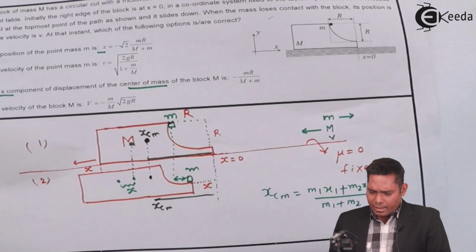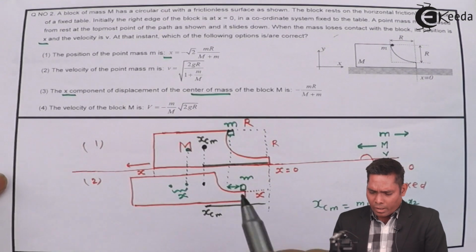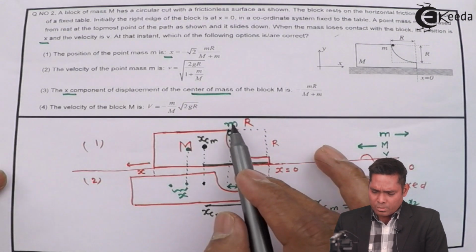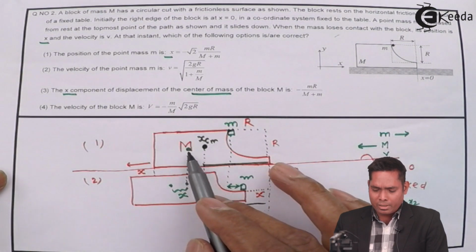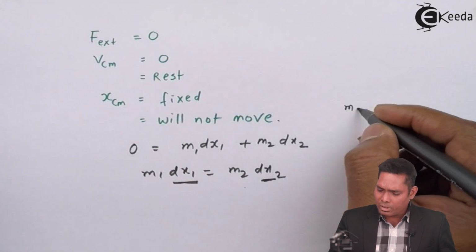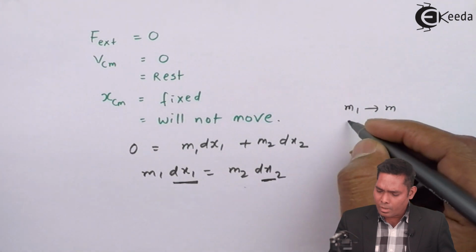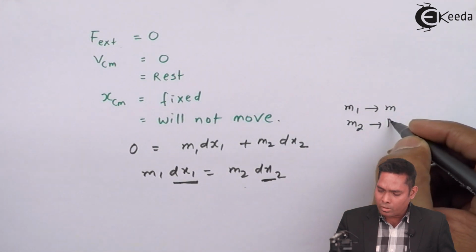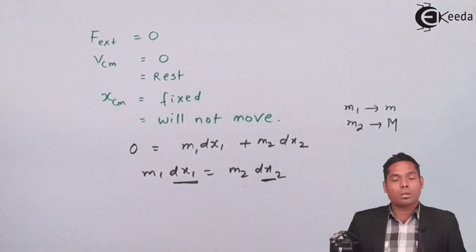So if I think of m1 as the mass of this small one, and m2 as the mass of the block, m1 I am considering for small m, and m2 for the capital M mass of the block.